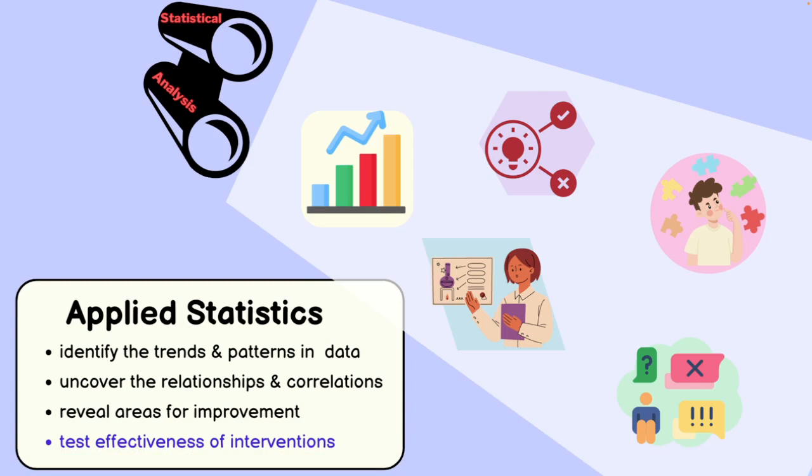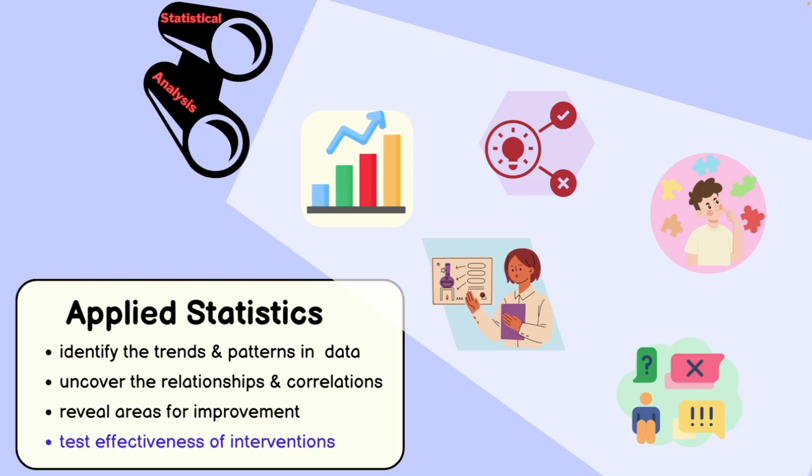Statistics is also used to identify, to uncover the relationships between certain variables, whether it is the demographics of the students and the outcome in terms of the performance, or whether it relates to a style of teaching or particular subject or particular environment. All of these variables are studied using statistical analyses.